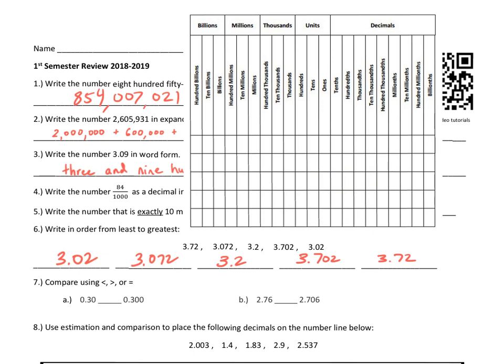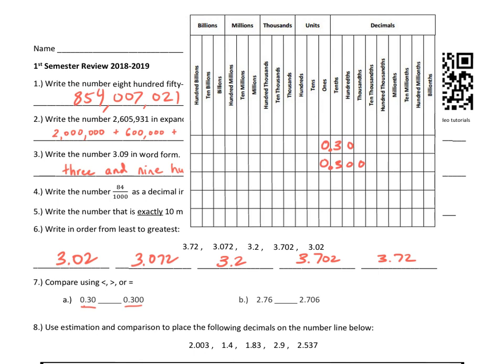Problem 7 asks me to compare 2 numbers using less than, greater than, or equal signs. I'm going to write those 2 numbers in the place value grid. So my first one is 0 and 30 hundredths. My next one is 0 and 300 thousandths.